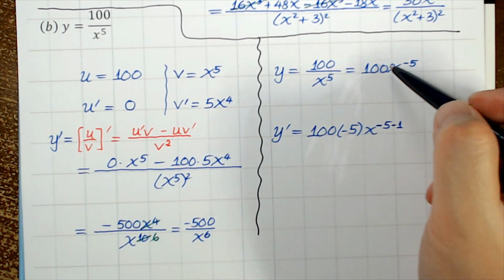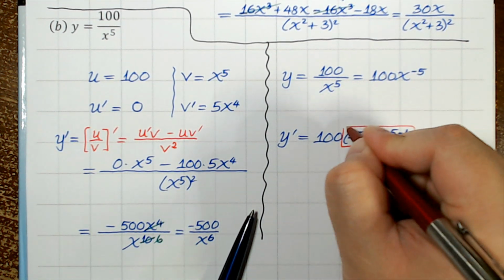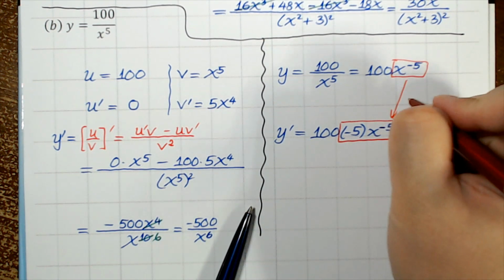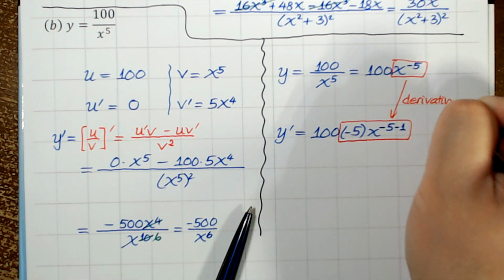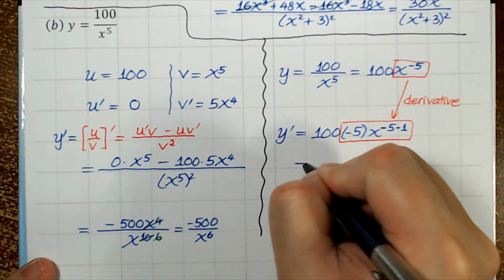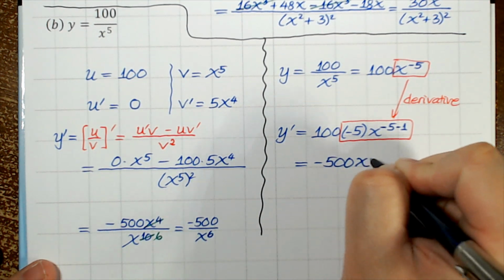So this is the derivative of x to the negative fifth. That's all we have, which is negative 500 x to the negative 6.